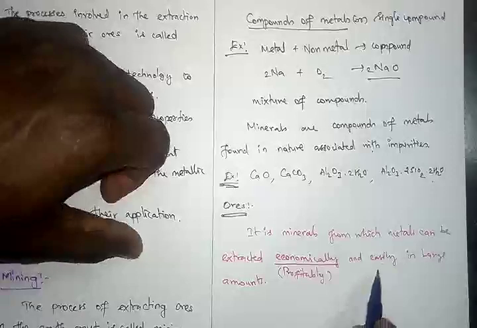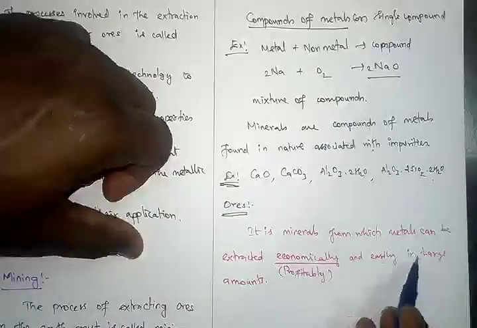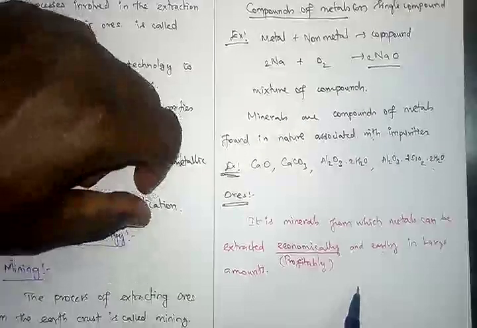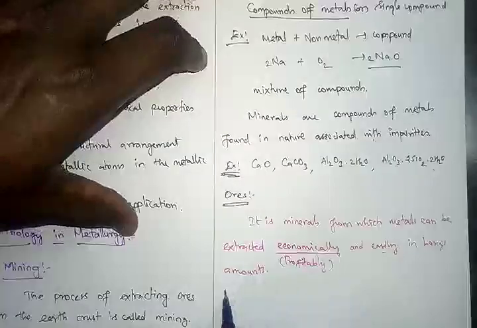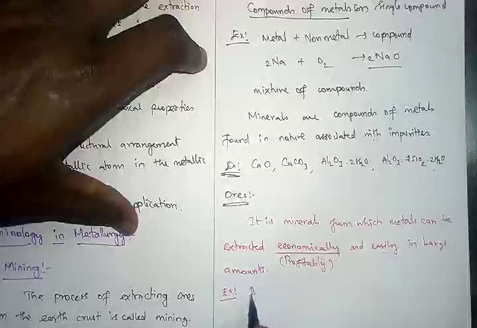The process involved in the metallurgy is easy. In large amounts means metal in a large quantity we can easily extract. That is the idea, my dear children. It is called ore. For example, bauxite.